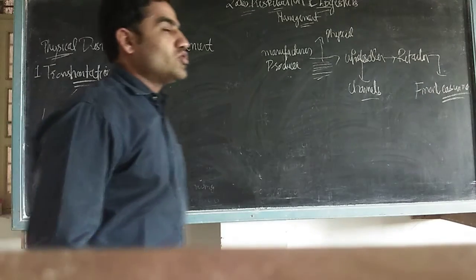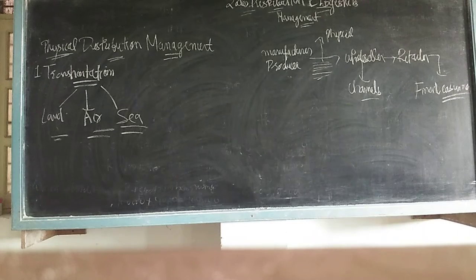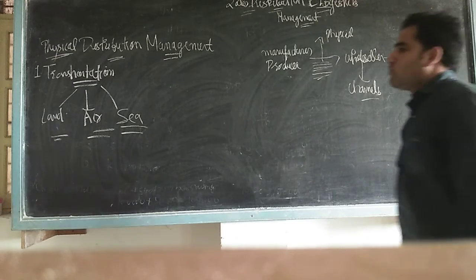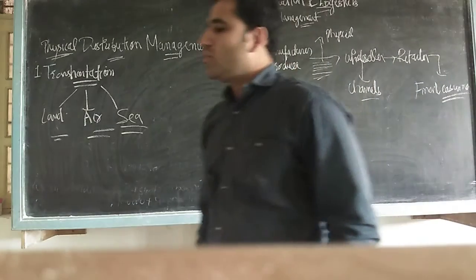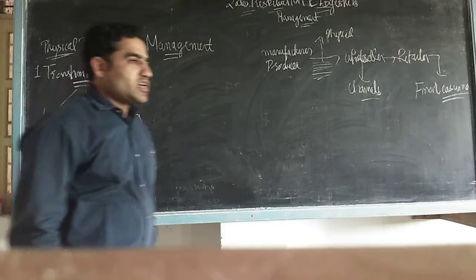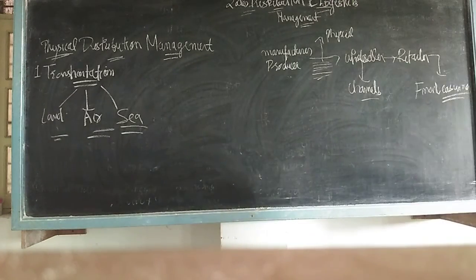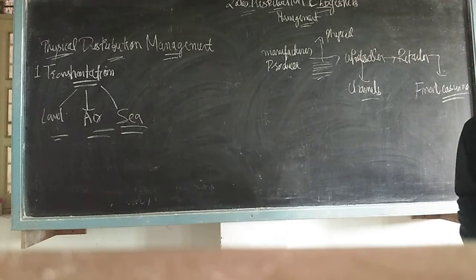And the kind of goods, okay, the kind of goods that are to be transported from the manufacturer to the consumer, that also decides the mode of transportation. So when it is transported with the help of air activities, then it is known as air transportation.